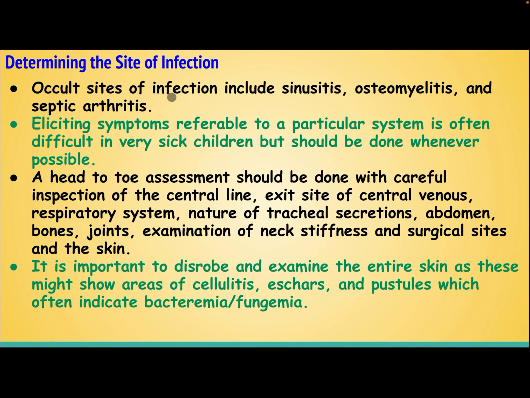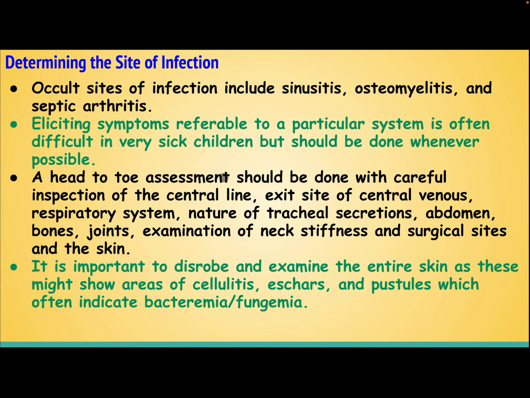Occult sites of infection include sinusitis, osteomyelitis, and septic arthritis. Eliciting symptoms referable to a particular system is often difficult in very sick children, but should be done whenever possible.